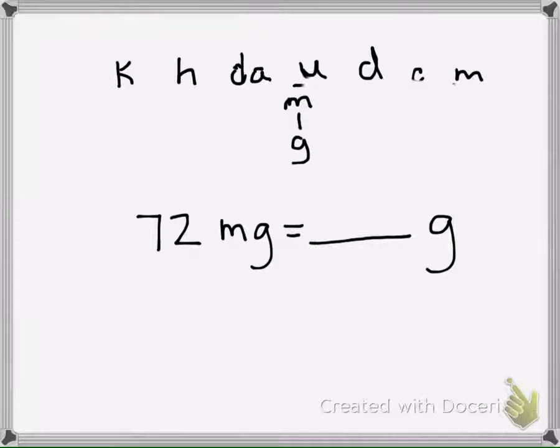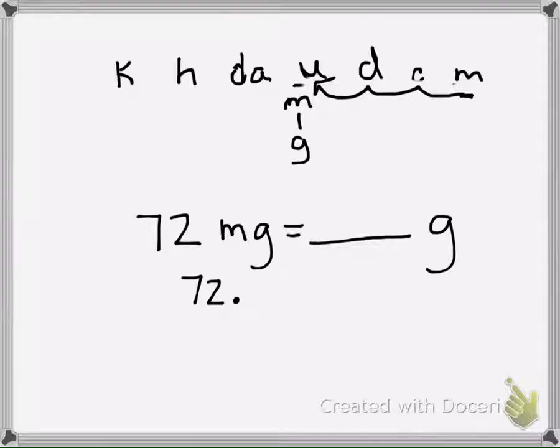All right, so this is milligrams, so this is milli right here, except this time it's talking about weight. So I want to get from milligrams to grams. So I have to go 1, 2, 3 places to the left this time. All right, I'm going to take my 72.